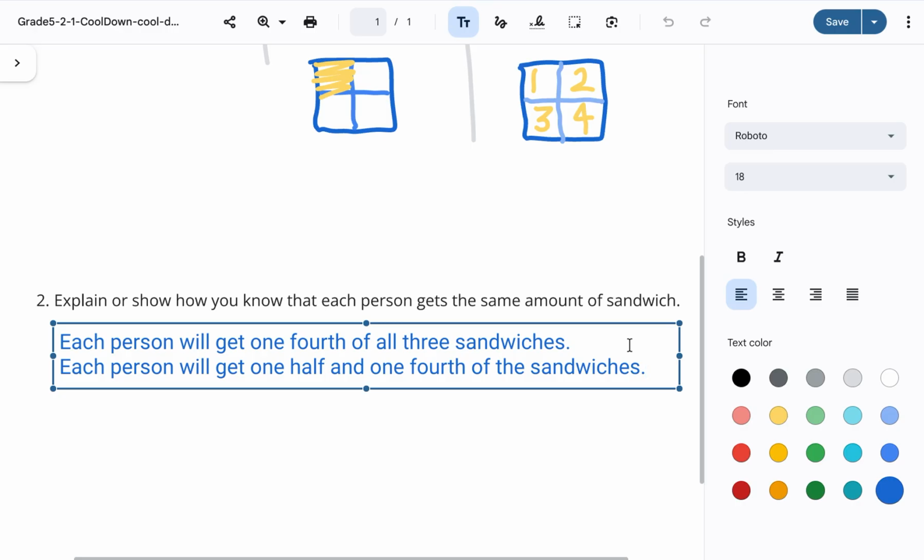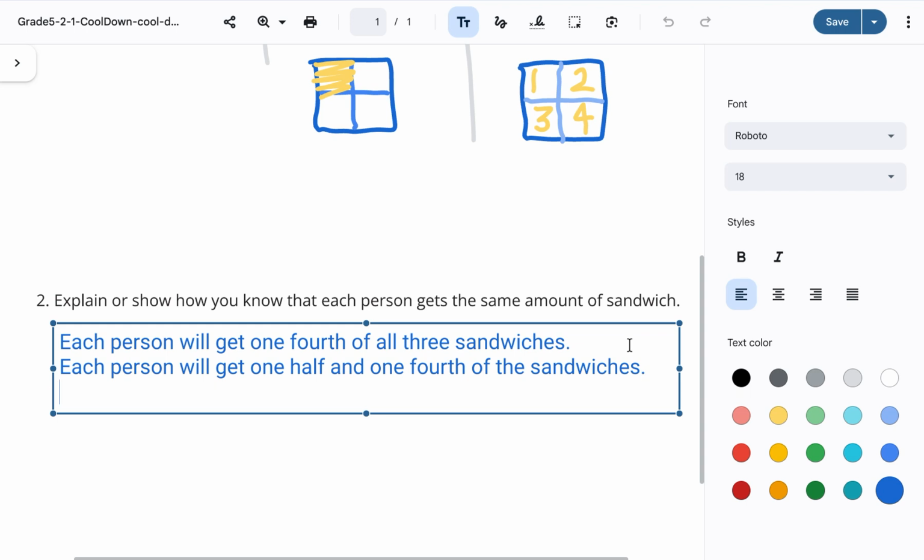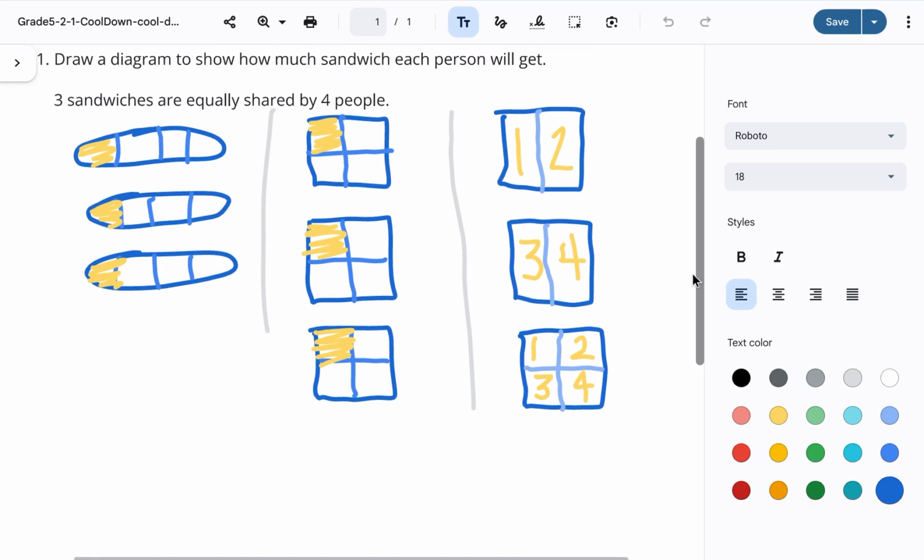Now, others of us in our explanation might go ahead and represent that as a fraction. So we could say that each person will get 3/4 of a sandwich, right? Because really that's what they're getting no matter how we modeled it. Here I see 1/4, 2/4, 3/4, right? In the sub-sandwich model.